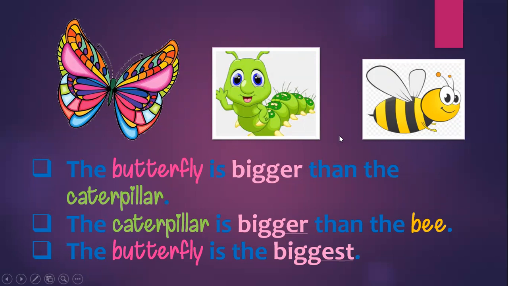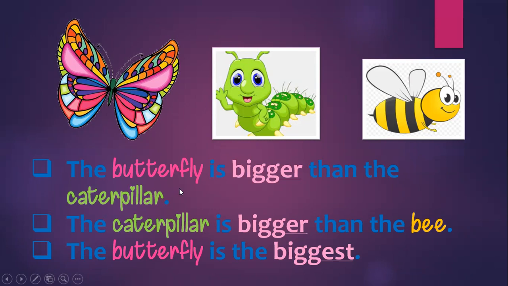So here we have, and the last one. In the last one, we are comparing the three. It says, the butterfly is the biggest. So here we have this one. It is the biggest of the other insects that you are seeing here on your screen.